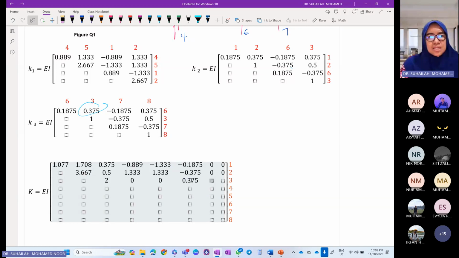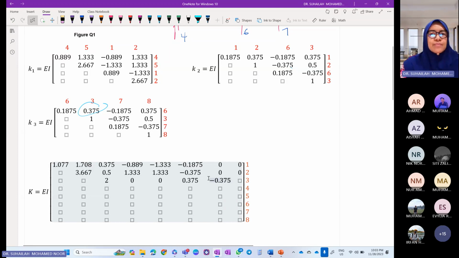Next, 3,6, 3,7, 3,8. Negative 0.375. 3,7, 3,8. 3,8 is 0.5.